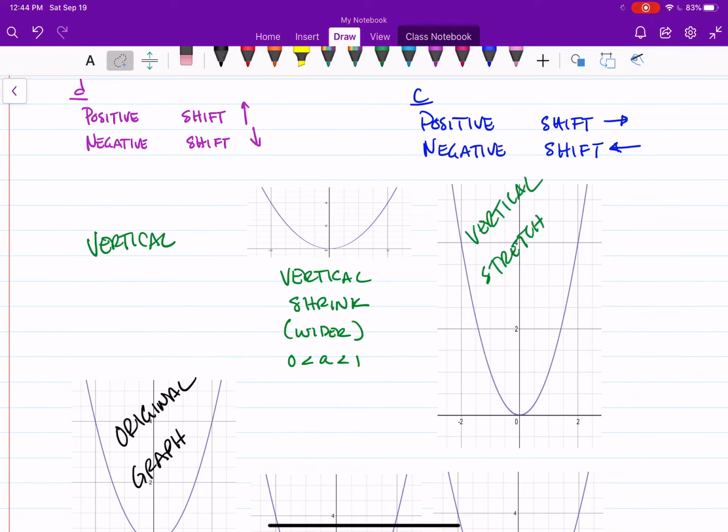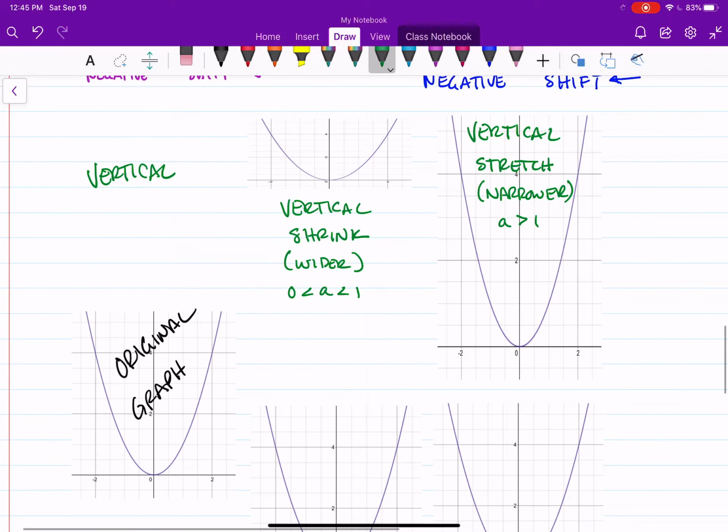What do we know about vertical stretch? Okay, so essentially this is narrower and A is actually greater than 1. Okay, so let's put it that way.